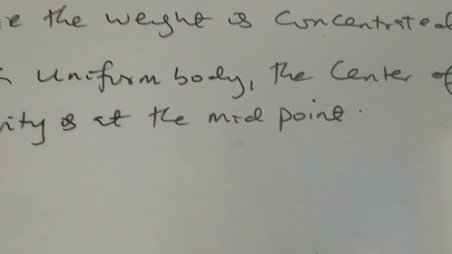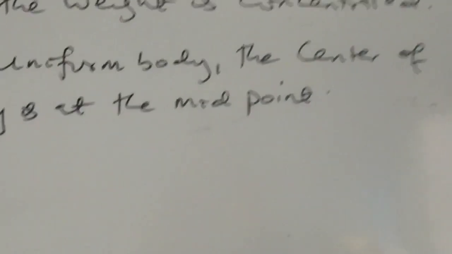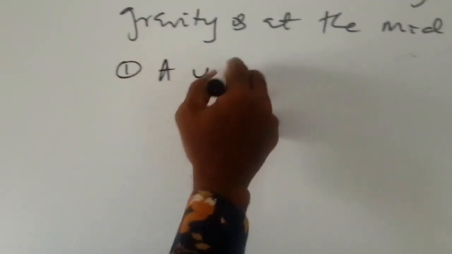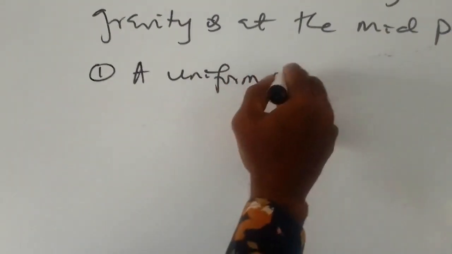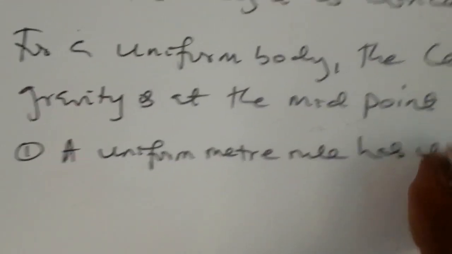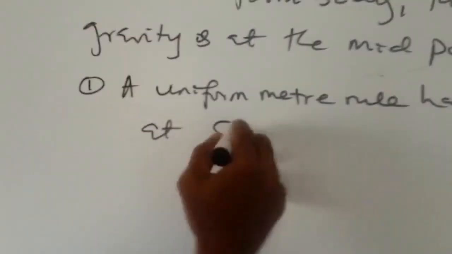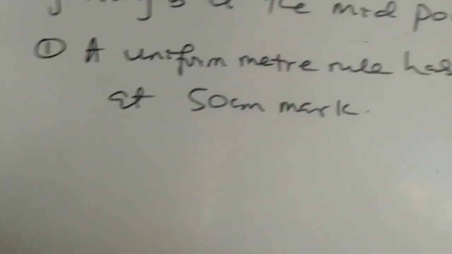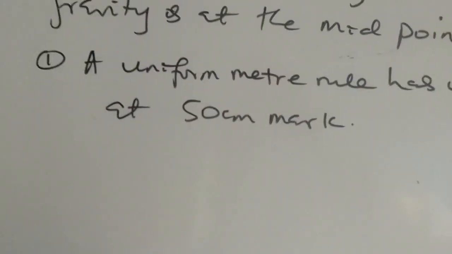So if the object is a uniform body, the center of gravity will act at the midpoint. Examples include a uniform meter rule. A uniform meter rule has its center of gravity at the 50 cm mark, because we know in physics, a meter rule has a length of 100 cm.